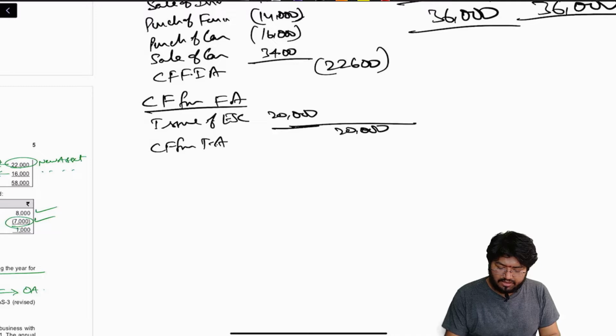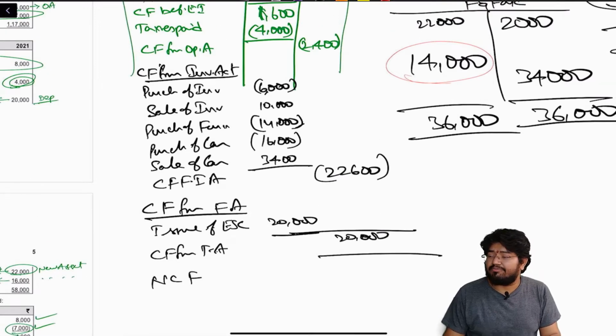Okay. So with this, net cash flow is basically, guys, please mute yourself, everybody. Yeah.